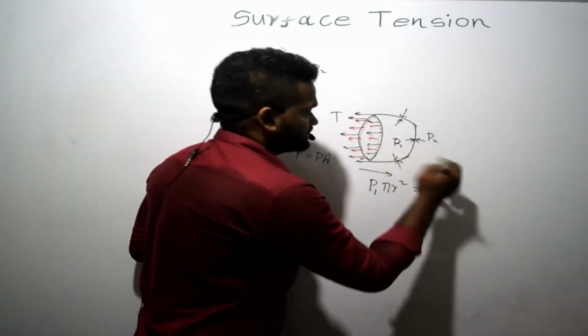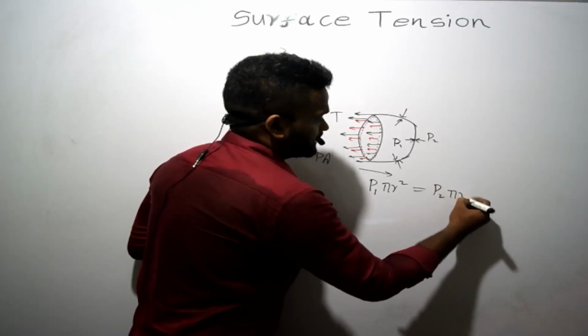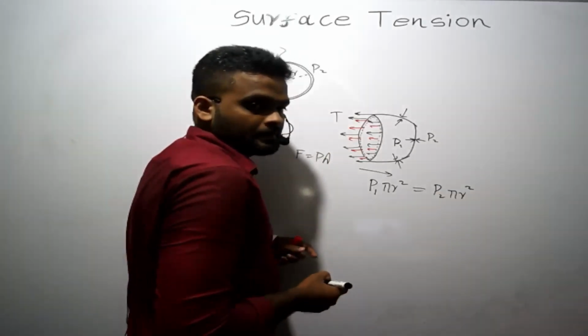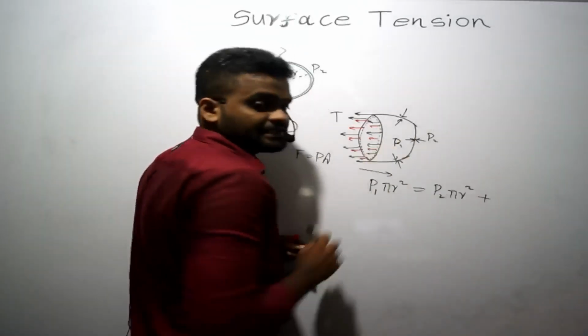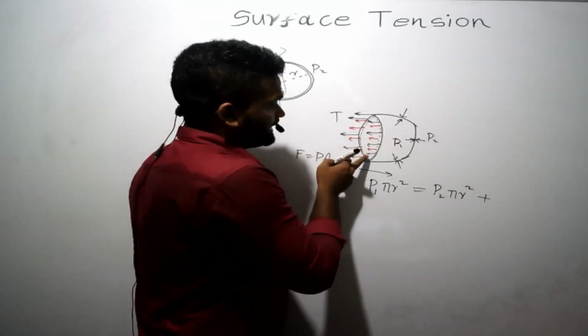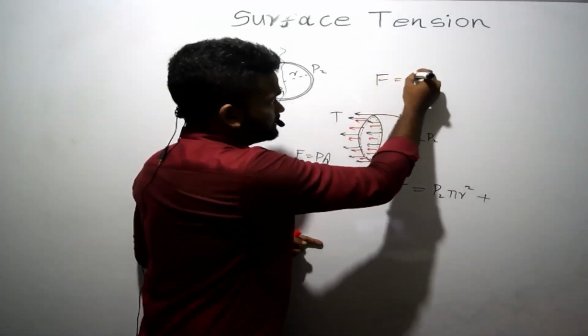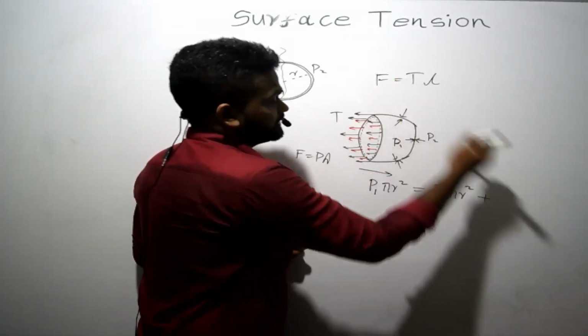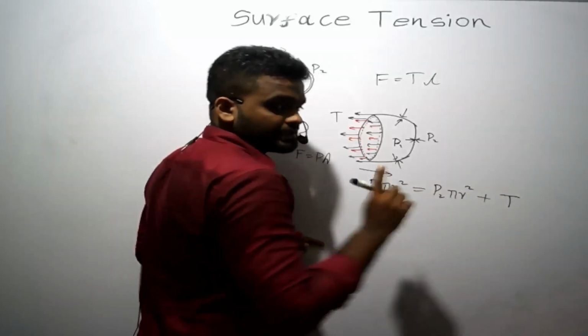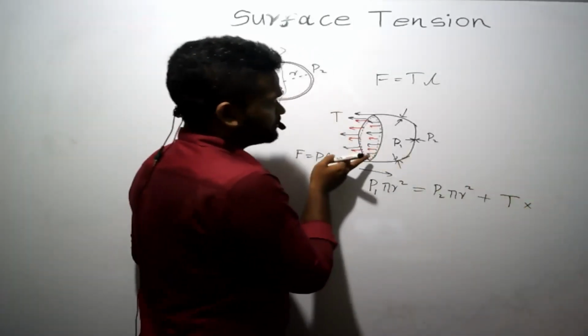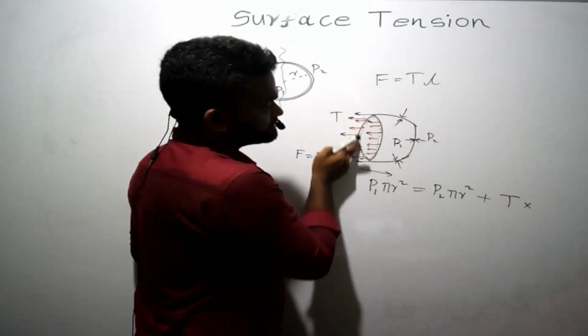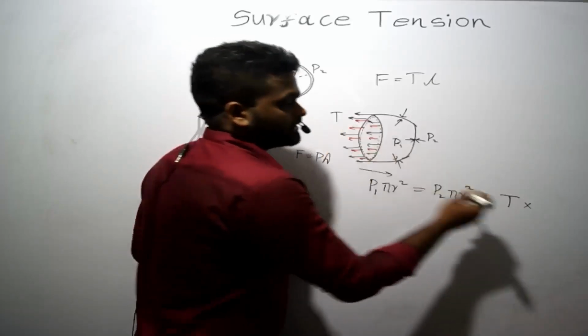So the pressure force P2 pi r squared. Then surface tension forces. How do we find the surface tension force? T times length, right? Surface tension times length. So what is the length? Circumference of this circle. That is 2 pi r.